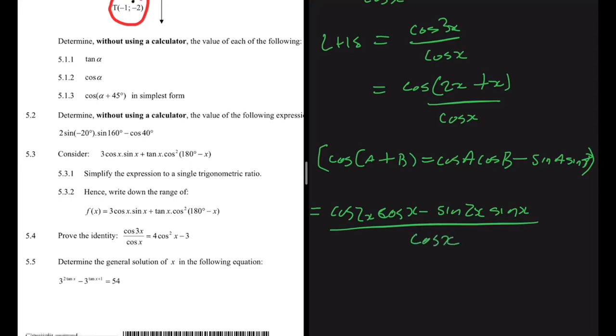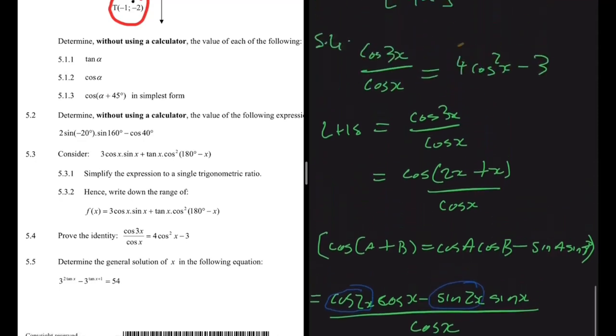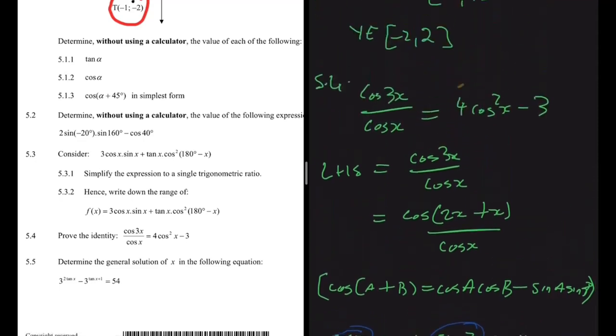But we know for a fact that there's something special about cos of 2x, right? And then there's also something special about sine of 2x. But then, let's not forget what we're trying to achieve. We have 4 cos squared x, we have 4 cos of x squared minus 3, right?